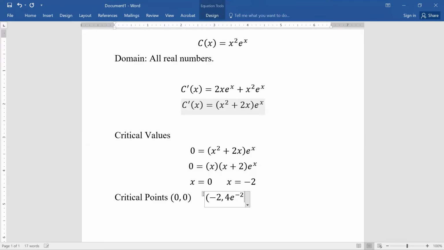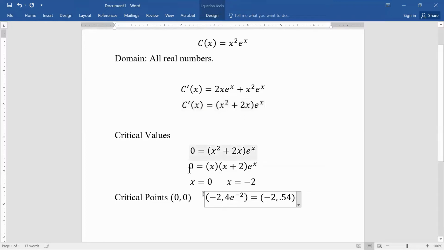Now that 4 times e to the -2 power is hard to graph, so I'm going to just call that a decimal of 0.54. So -2 comma 0.54.